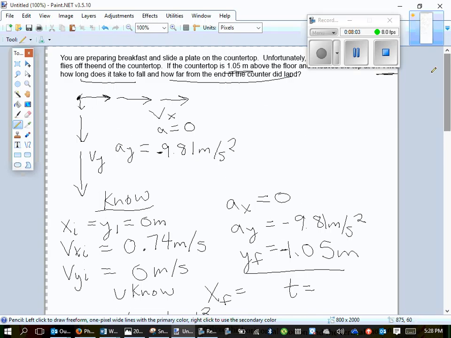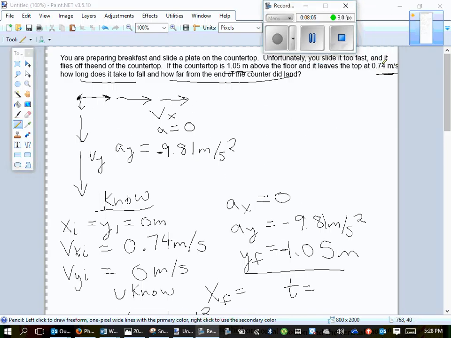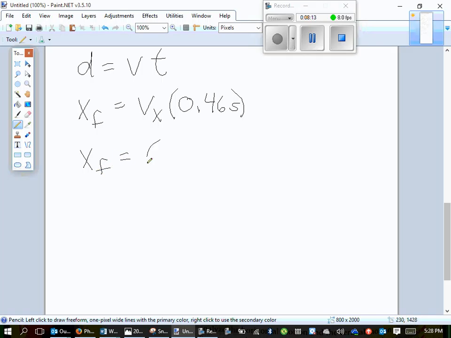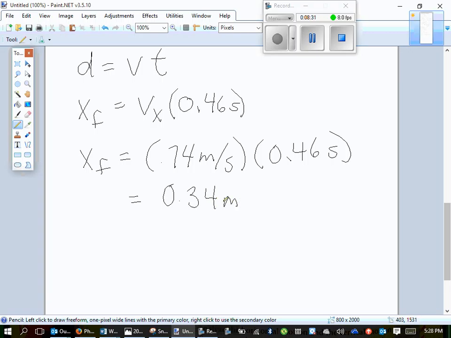It says that it leaves at 0.74 meters per second. So x final equals 0.74 meters per second times 0.46 seconds. Multiplying that out, we get 0.34 meters with significant figures.